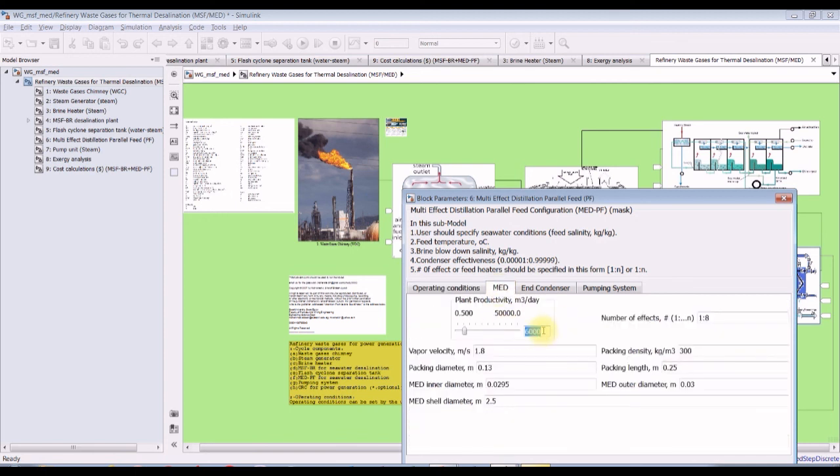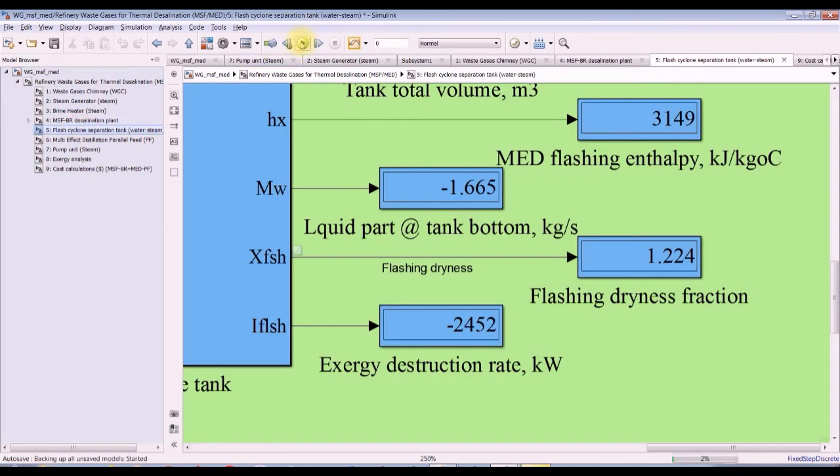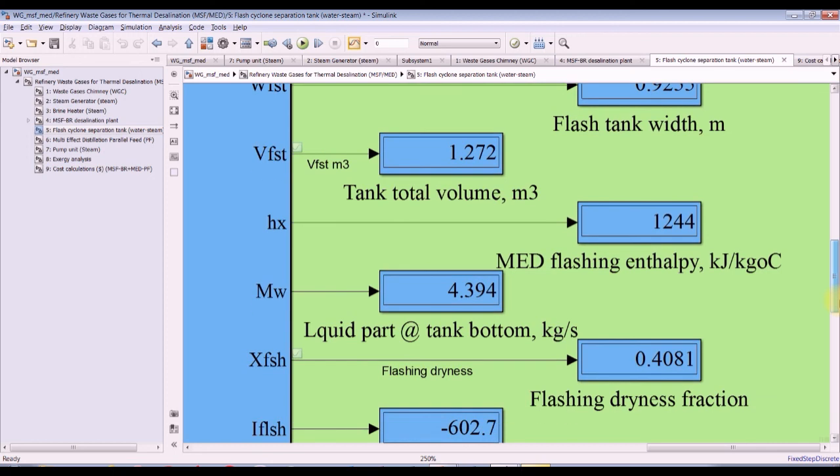For example, 2,000, maybe less than the multi-stage flash, and watch the effect. Yes, 0.4. Yes, the dryness fraction dropped by nearly 60%.